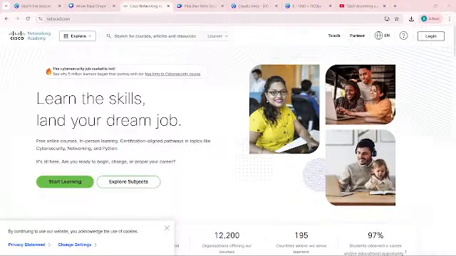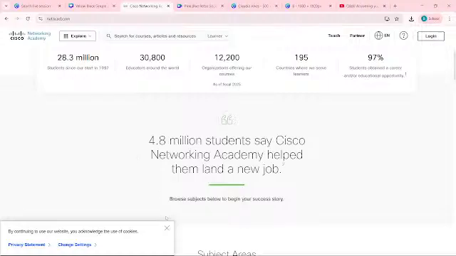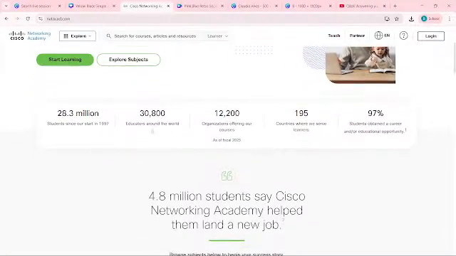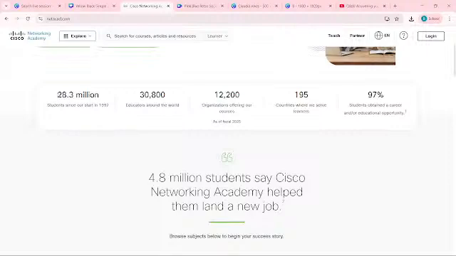So this is cool. This is their page. This is what they do. When you scroll down, you realize that their portfolio is huge. 28.3 million students since 1997, and they have this number of educators around the world.